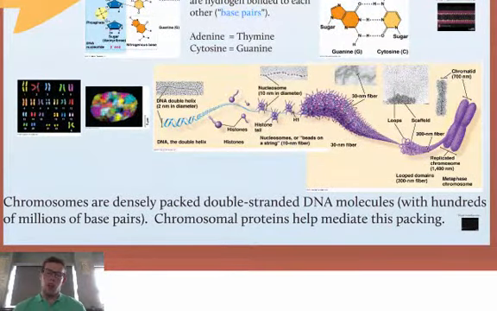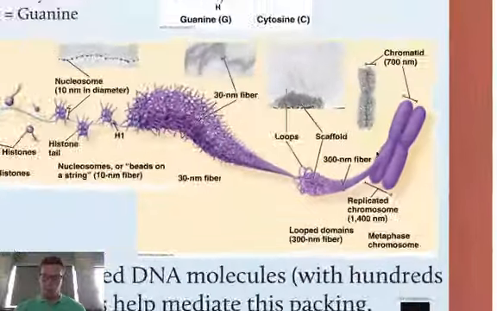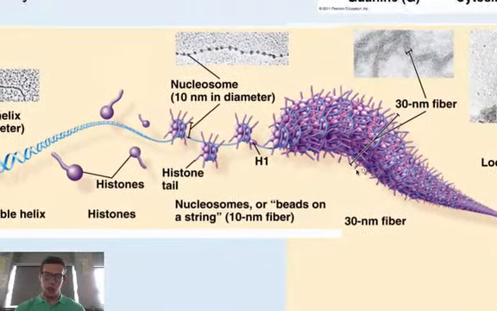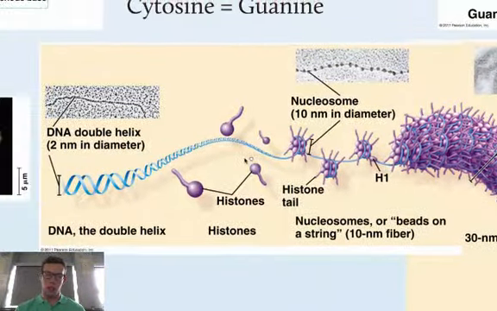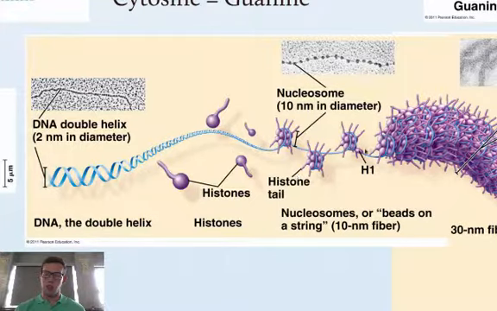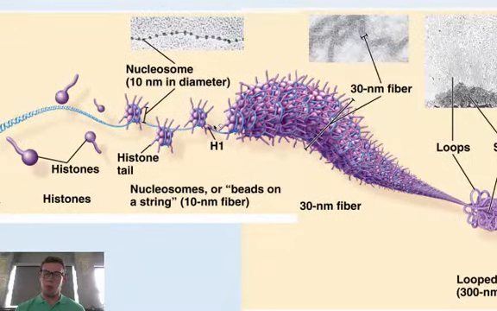And what this graphic is showing is how DNA is organized. So we start with our double helix. That gets bound by histones, which wrap around each other and make another kind of helix, and you get these nucleosomes, which are all these histones bound together. Nucleosome is the whole unit here, all these histones and DNA wrapped around them.